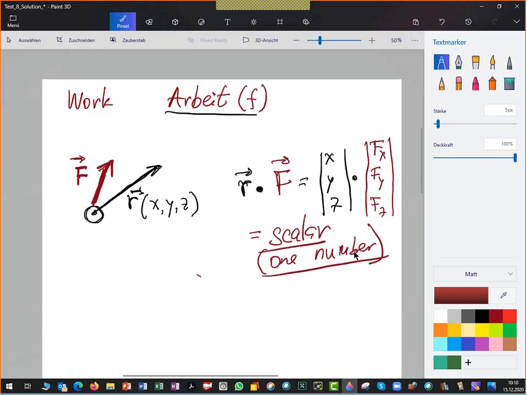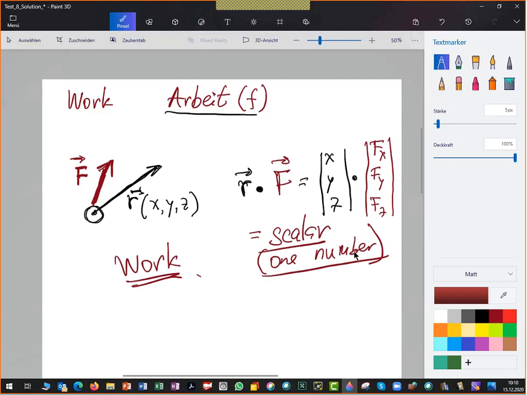And this scalar, this only one value that you have here is the work. In other words, work cannot have any direction. It cannot be in any direction because it is a scalar. It is a single number, single value.